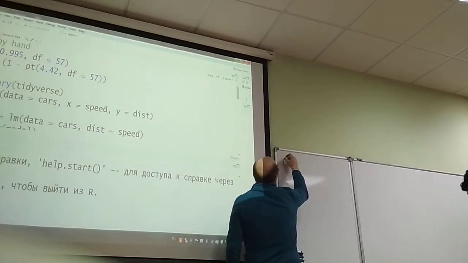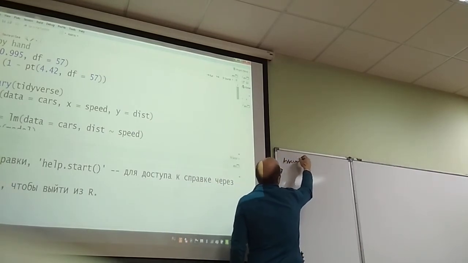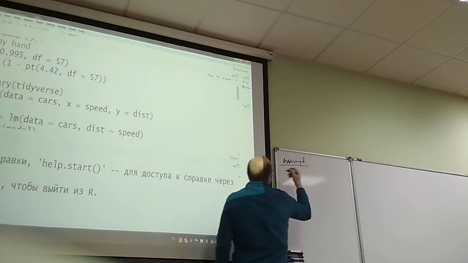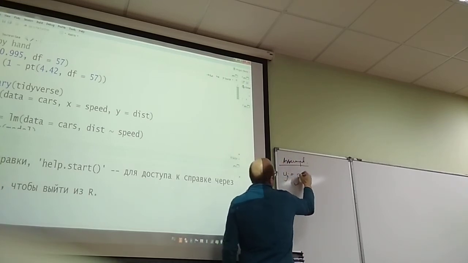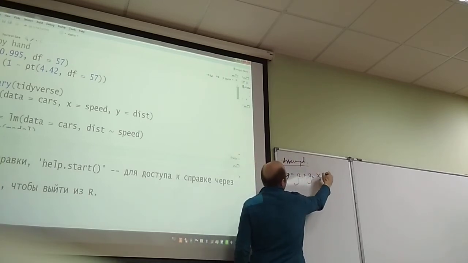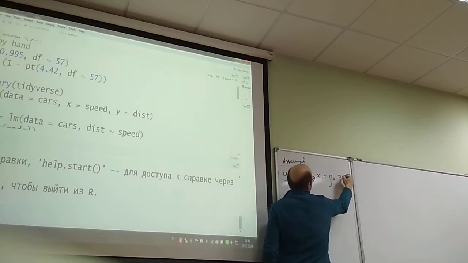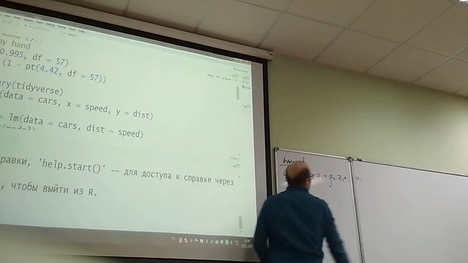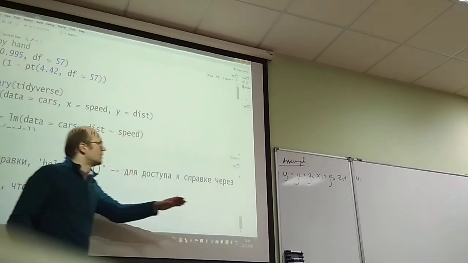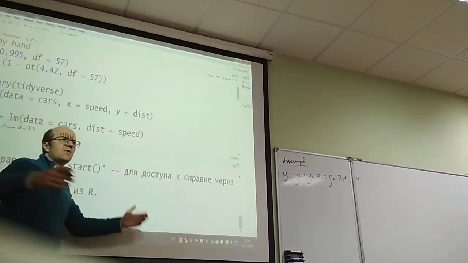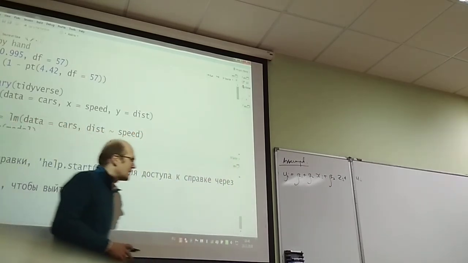We have some assumptions and we have a model y equals beta 1 plus beta 2 times x plus beta 3 times z plus u. So there may be not 2 but 3, 4, 5, 17 regressors.